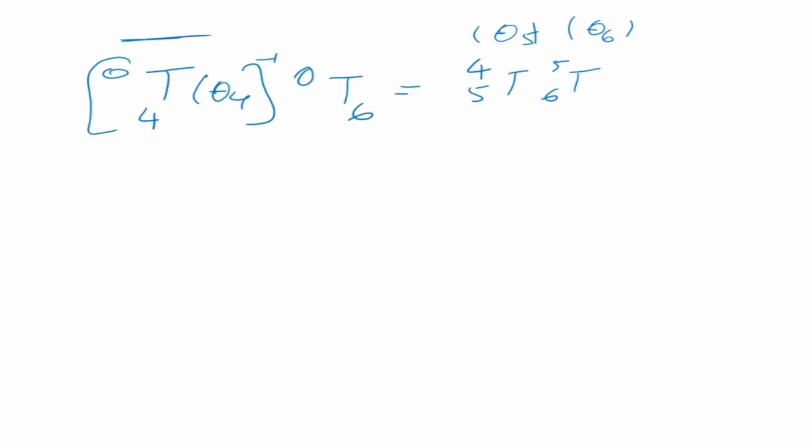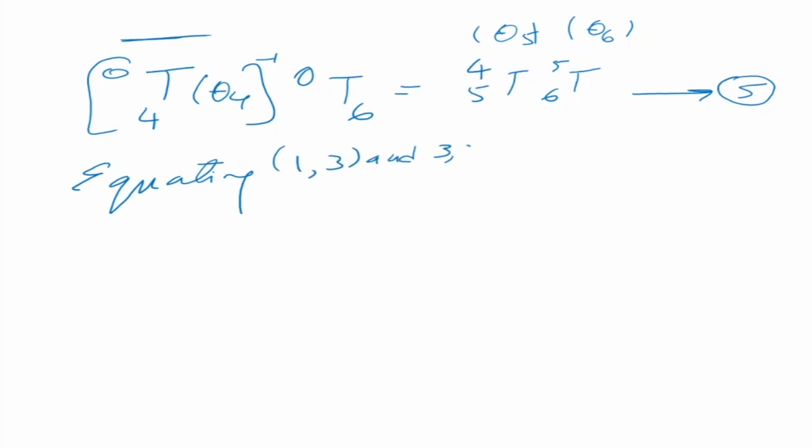What we do here is, I can call this my equation number 5. Now in this we are equating the 1 3 and 3 3 elements of equation 5.